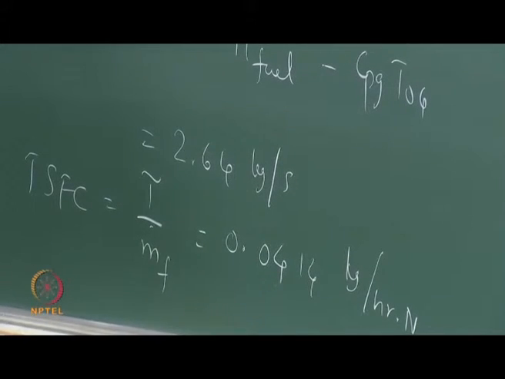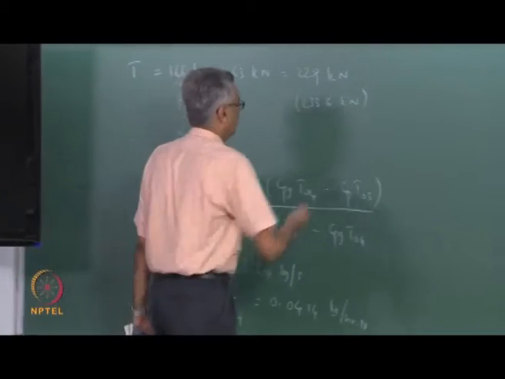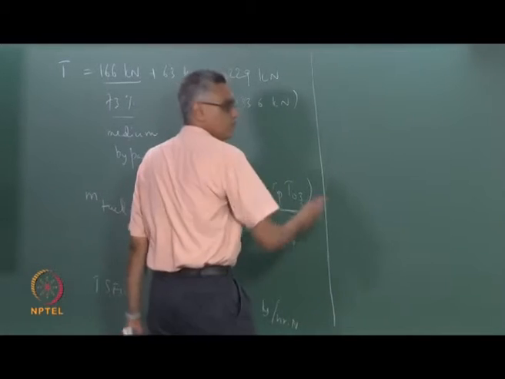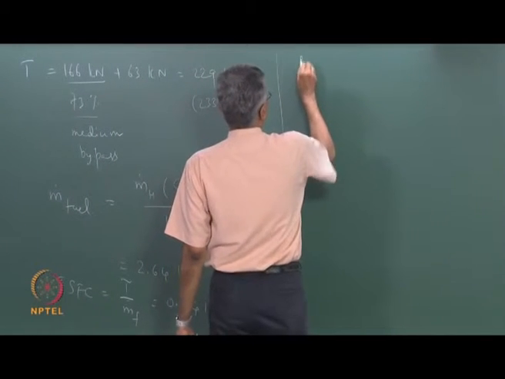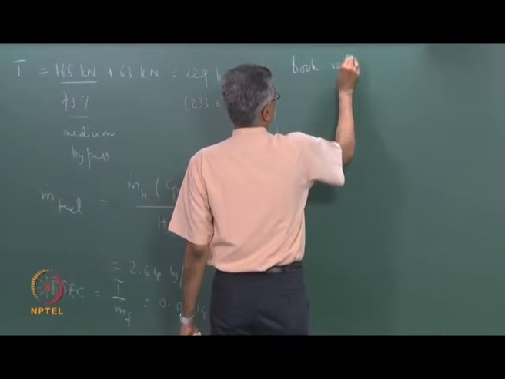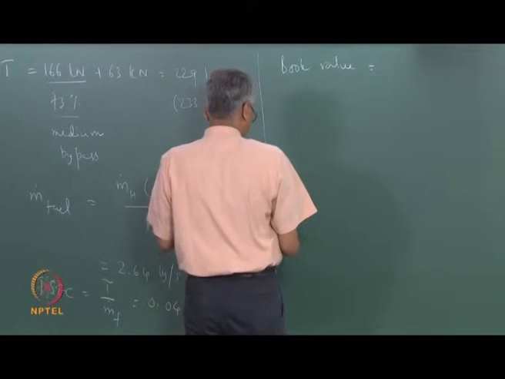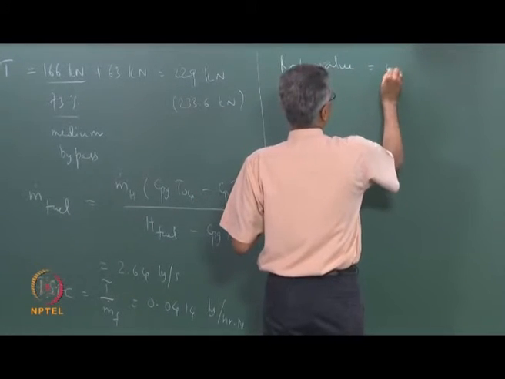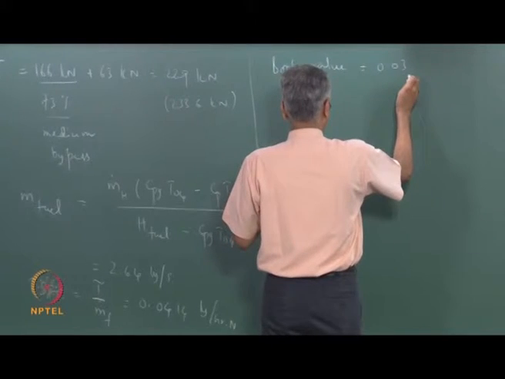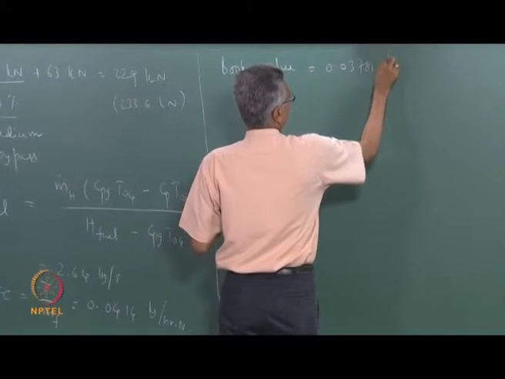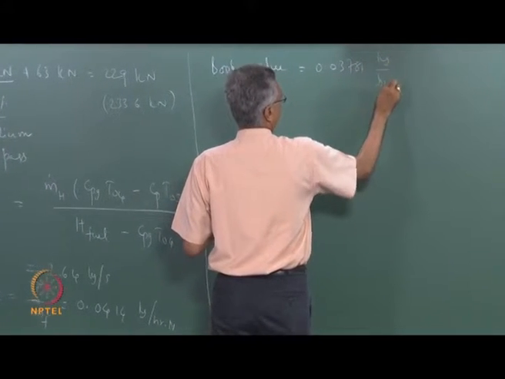And the manufacturer quotes a value, so the book value for TSFC is about 0.03781 kg per hour Newton.